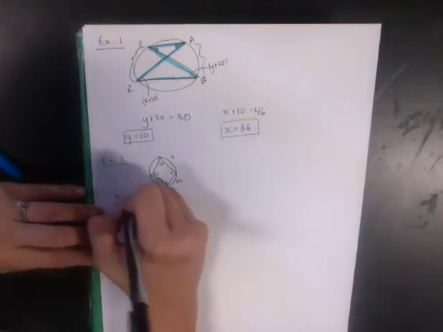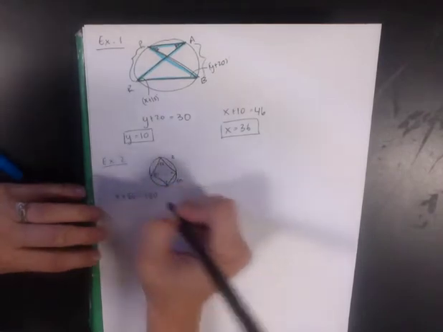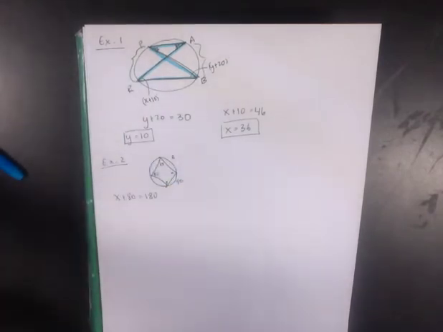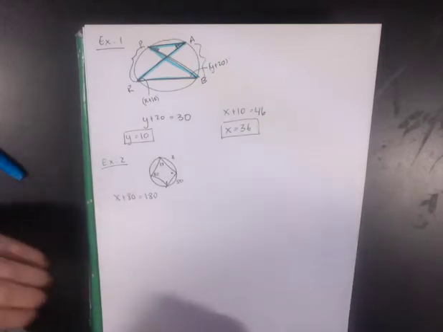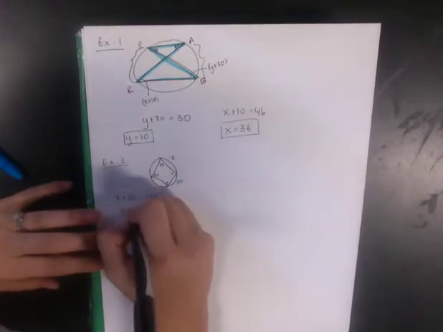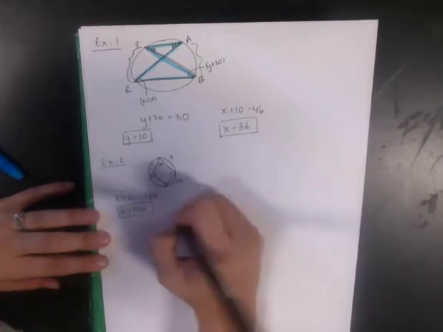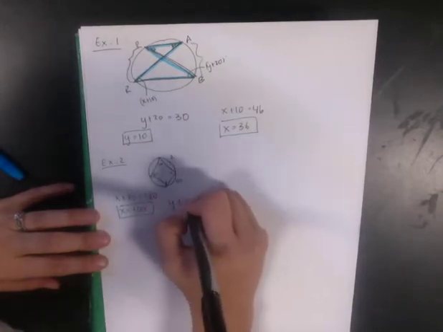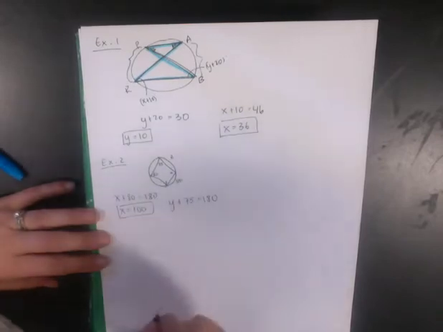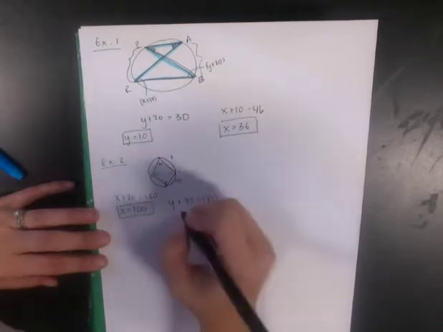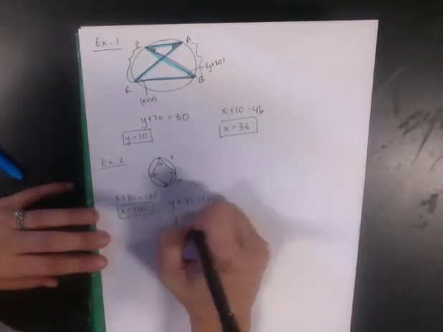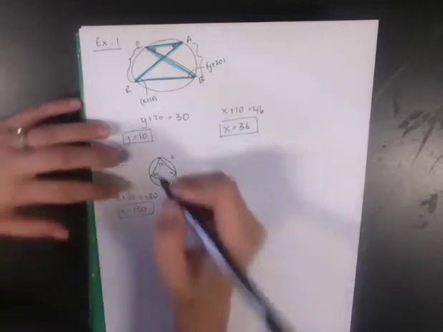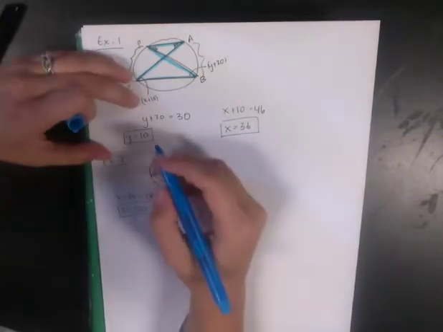I know that x plus 80 is 180 because opposite angles in an inscribed quadrilateral add up to equal 180. So x is 100. Likewise, y plus 75 equals 180. So y is 105.